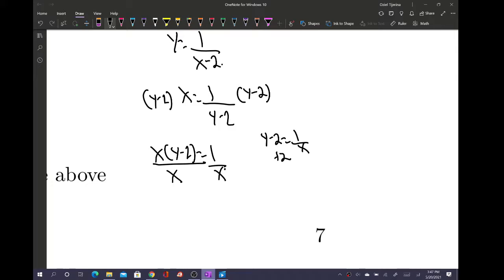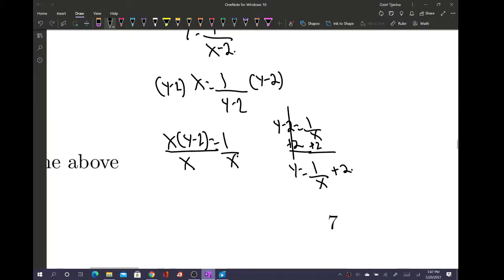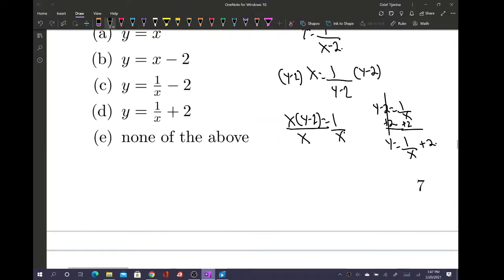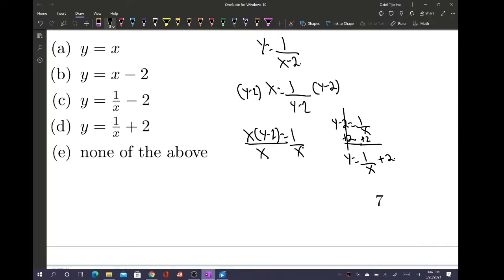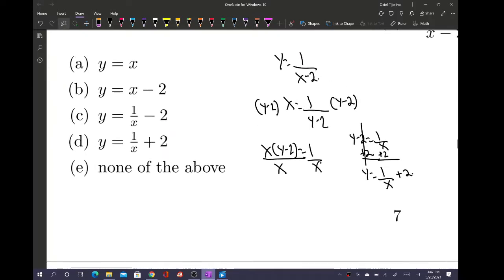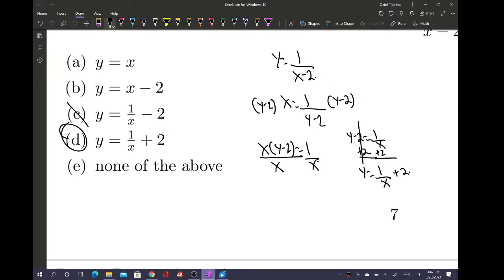Then you add 2 on both sides. This cancels out. You get y equals 1 over x plus 2. It's 1 over x quantity and then plus the quantity 2. So your answer is D.